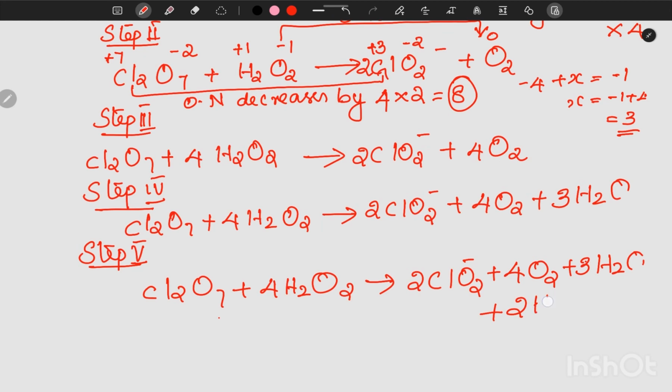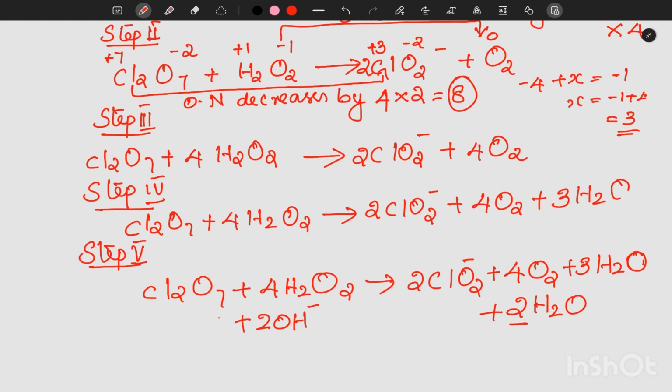So how many water molecules are you adding? The same number of OH minus you have to add on the opposite side, that is the left hand side. Because in basic medium we cannot add H plus. If you are adding H plus, you should add the same number of OH minus also. But for balancing hydrogen atoms, we actually need 2 hydrogen atoms, and we added 2 water molecules. So the same number of OH minus you have to add on the opposite side.